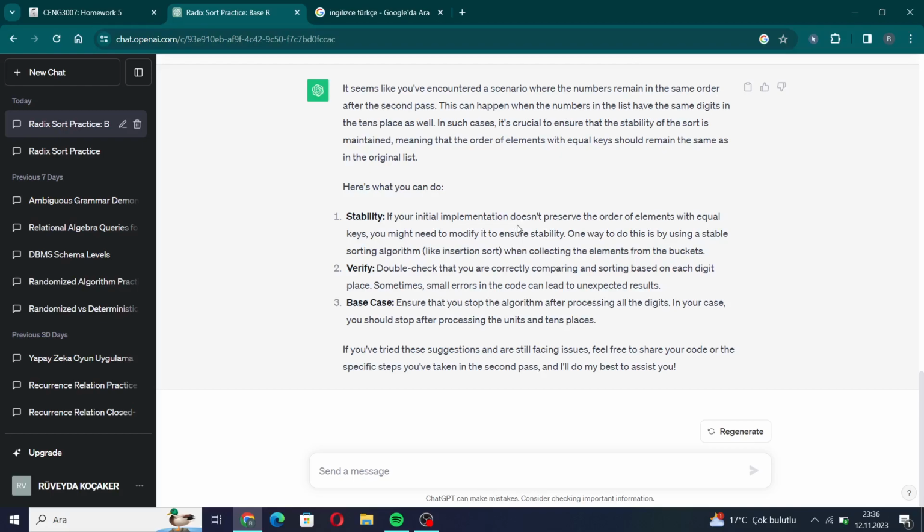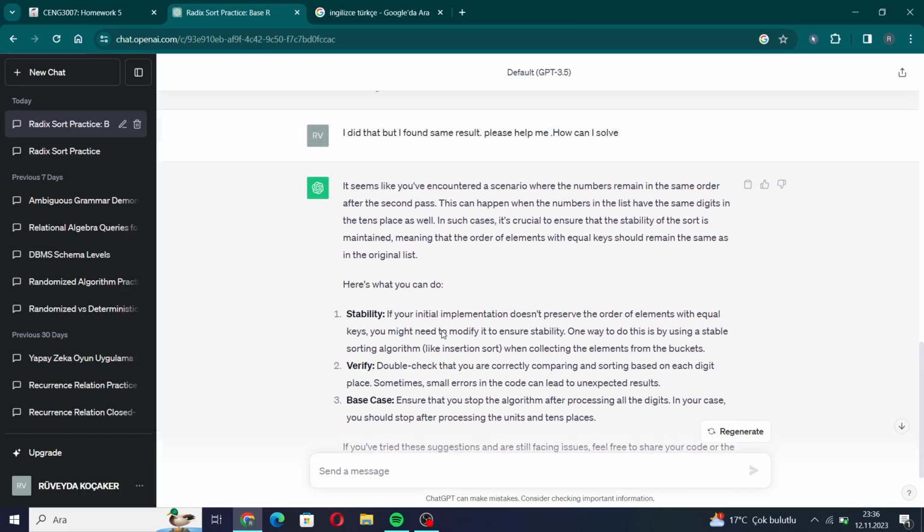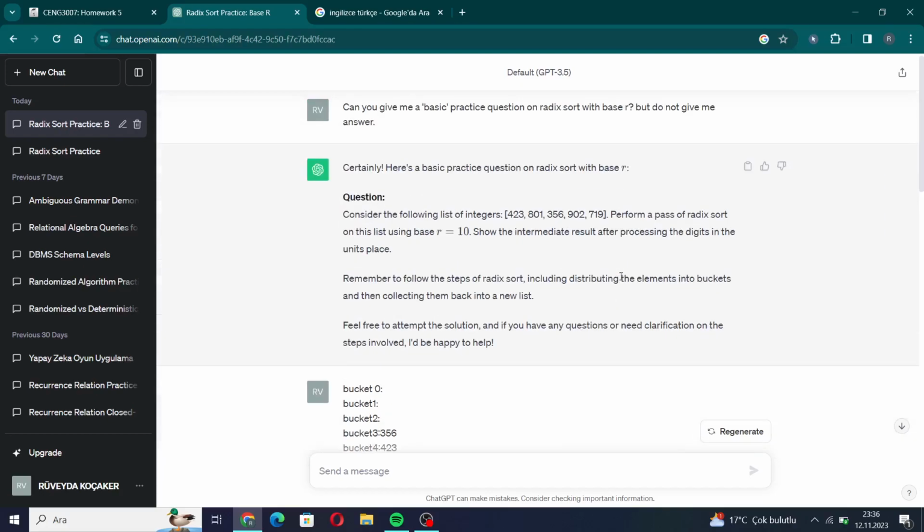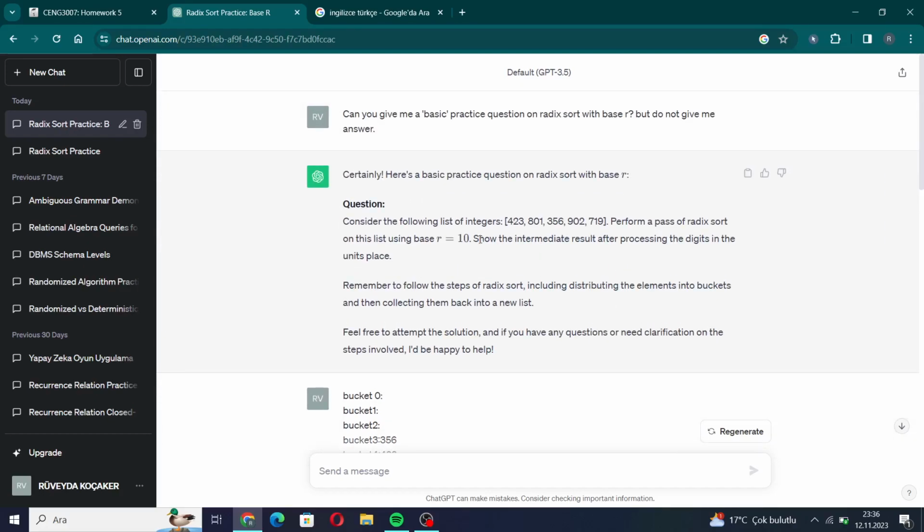If your initial implementation doesn't preserve it, double check the base case. If you tried these steps and are still facing issues, feel free to share the intermediate results.